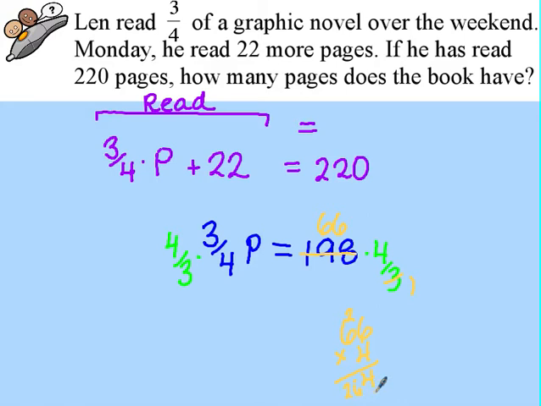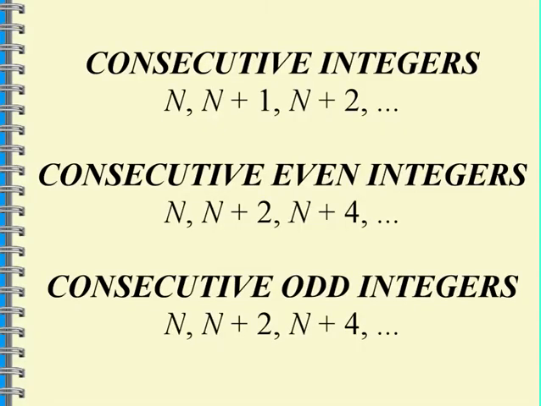All right, now this next slide is going to be something that you're going to want to get down. You don't necessarily have to write even integers, odd integers, but what you need to write down is consecutive integers: n plus 1, n plus 2. For consecutive evens, notice you can just put consecutive evens. You don't have to say consecutive even integers: n plus 2, n plus 4. Consecutive odds: n plus 2, n plus 4. We're going to talk about those in a little bit, but I need you to get those down. This is something that will follow you through all the way to Algebra 2.